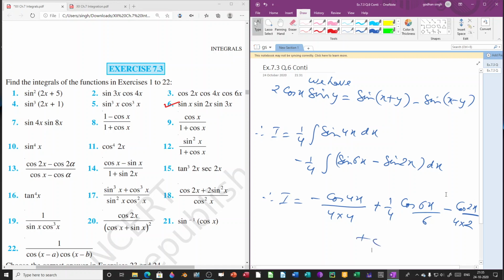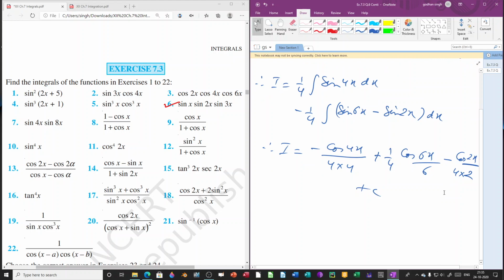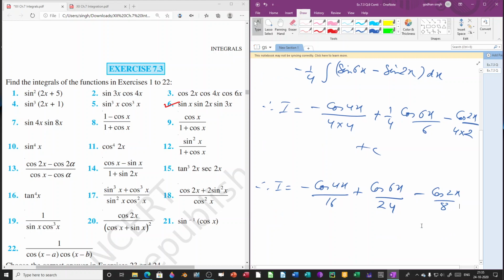So our final answer, let's simplify this one, so we will be getting, therefore I equal to minus cos 4x over 16 plus cos 6x over 24 and minus cos 2x over 8, and constant is there, plus c.